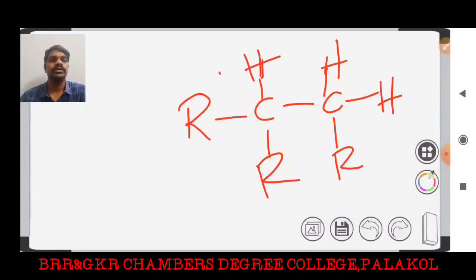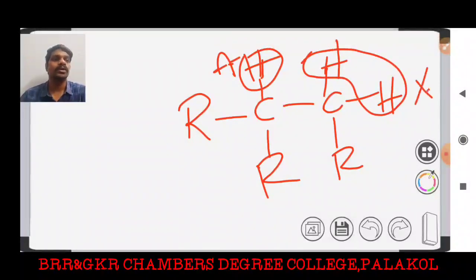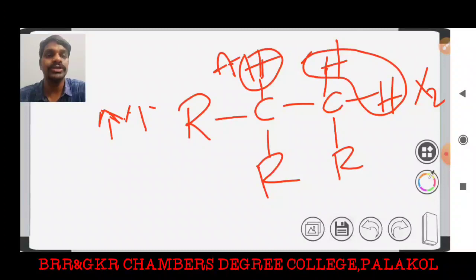Here this is A, that means the A environment of proton, and these two are said to be the X environment of protons. That is why I represent it as AX2. So why is the A environment of proton split into a triplet? Because the neighboring carbon has two hydrogen atoms, so it shows three different spin orientations of neighboring nuclei.